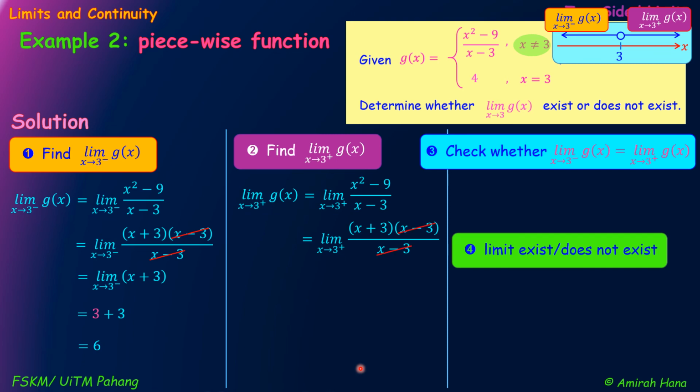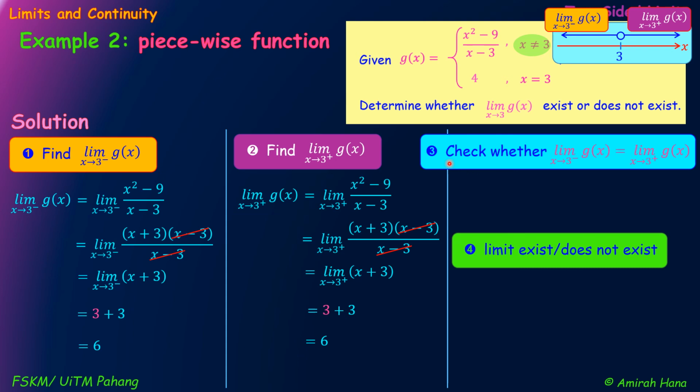So after we cancel this, we have the limit as x approaches 3 from the right of g(x) equals 3 plus 3 equals 6. Okay, but the symbol here is the limit as x approaches 3 from the right, and the symbol there is the limit as x approaches 3 from the left, right?